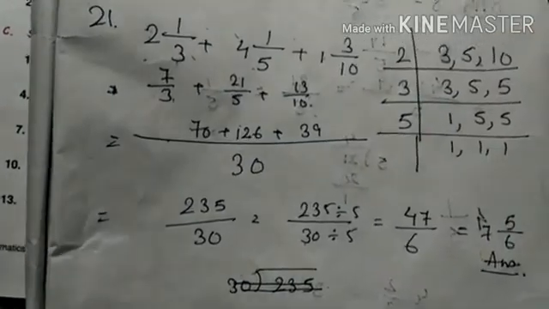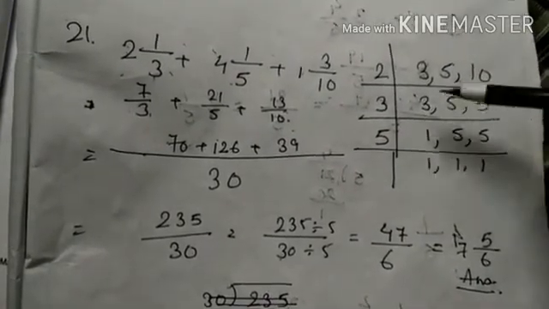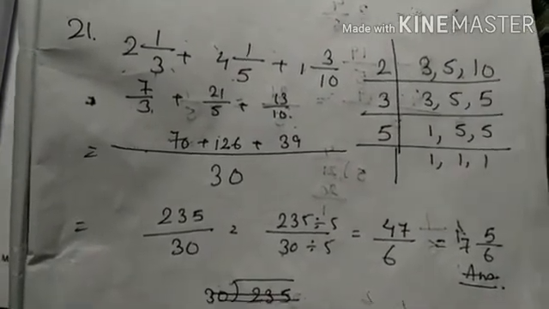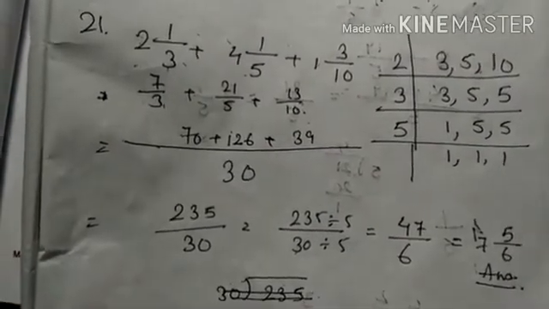So I am showing you how to find the LCM of numbers using prime factorization. The 3 numbers into the prime factorization method. Suppose 3, 5 and 10 are the numbers.